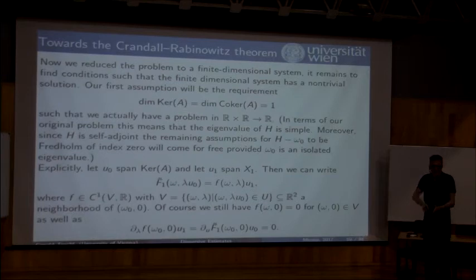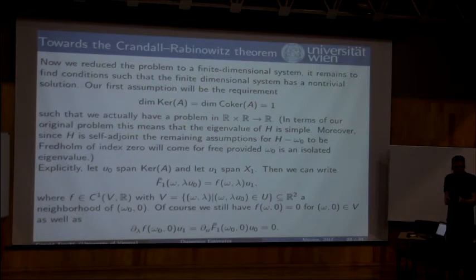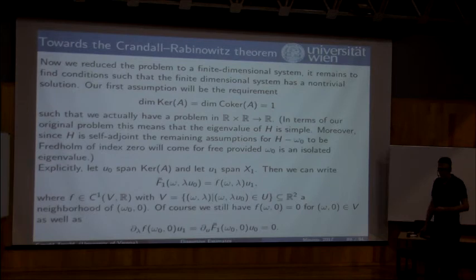This space U, which is in the kernel of A, is a one-dimensional space, and I'm just writing it as lambda times this fixed basis vector U0. So it's just my coordinates such that it is really from R to R and not from an abstract one-dimensional vector space to another abstract one-dimensional vector space. I want everything real valued.